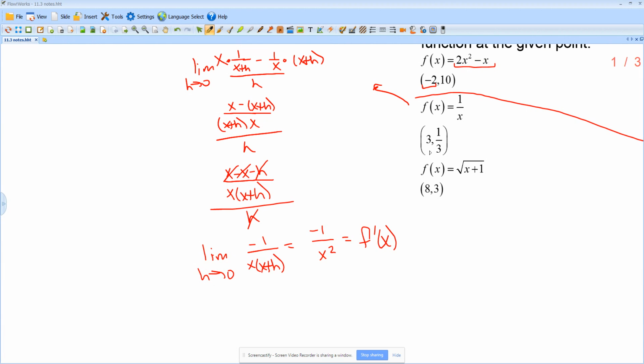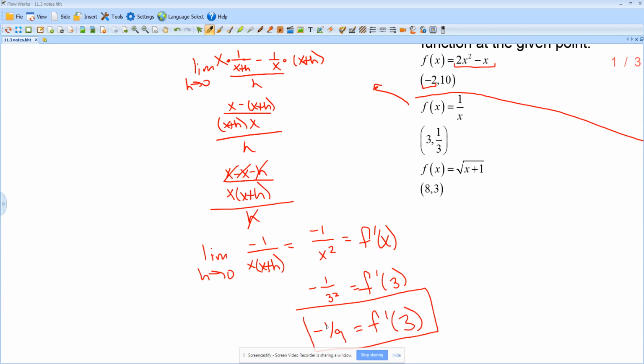I want to know, though, what is the derivative at x being 3, or what is the slope of a tangent line, same thing as the derivative, at x being positive 3. So that gives me negative 1 over 3 squared. So f prime of 3 is equal to negative 1/9. So again, what I just found out is that the slope of this weird looking function at x equals 3 would be negative 1/9.